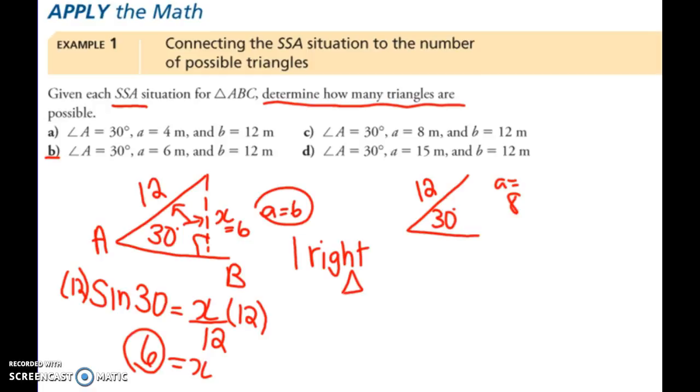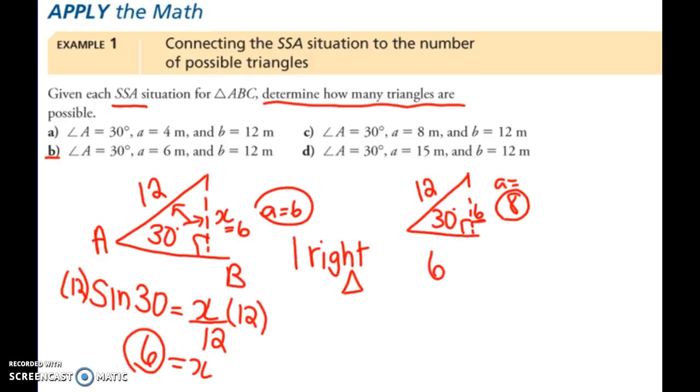Okay, so if we were to do opposite over hypotenuse again, we would get the side length, the height, to be 6. Okay, and what we know is in order to make a right triangle, we need a height of 6. Well, we have more than that. We have 8.